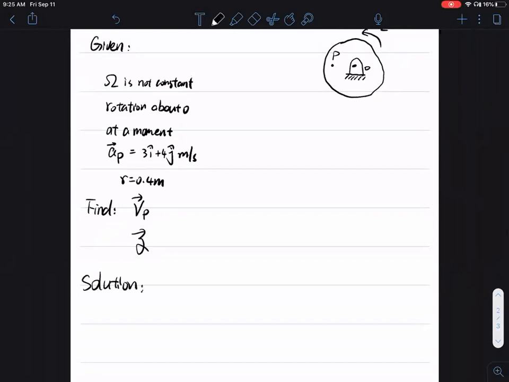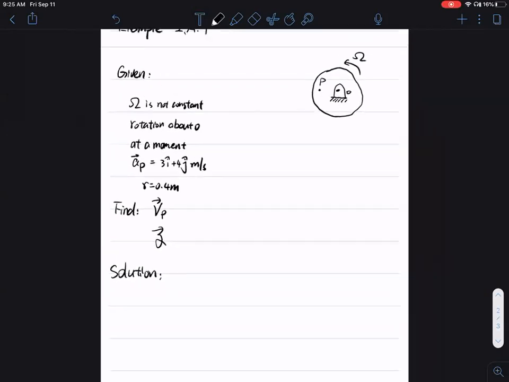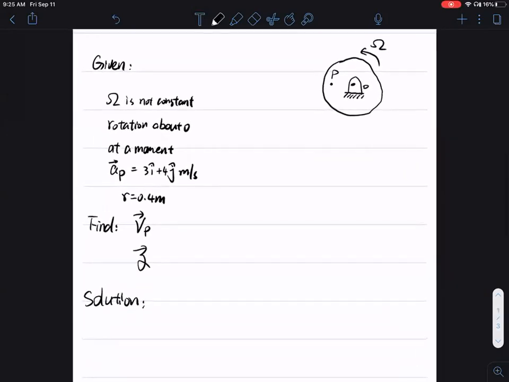Okay, so I have everything set up for this problem. We're given that the disk is fixed at point O, so it can rotate about that point O. Point O is a fixed point. And we also know the angular speed of the disk. The disk is a rigid body. We know the angular speed of that disk, omega.